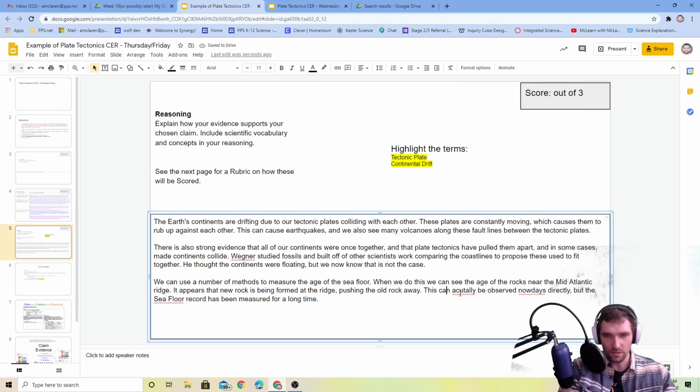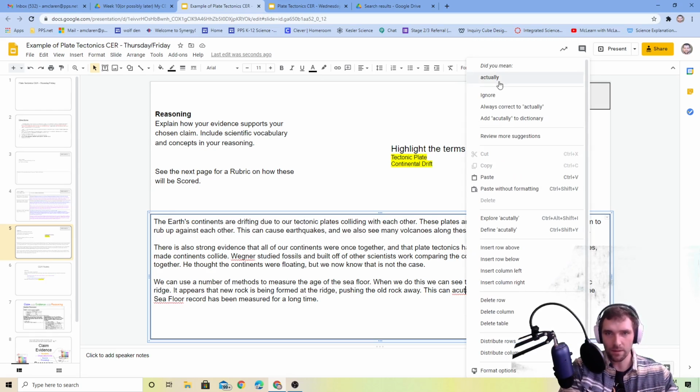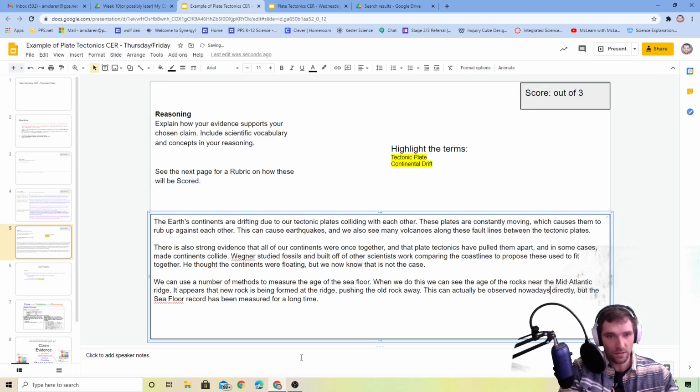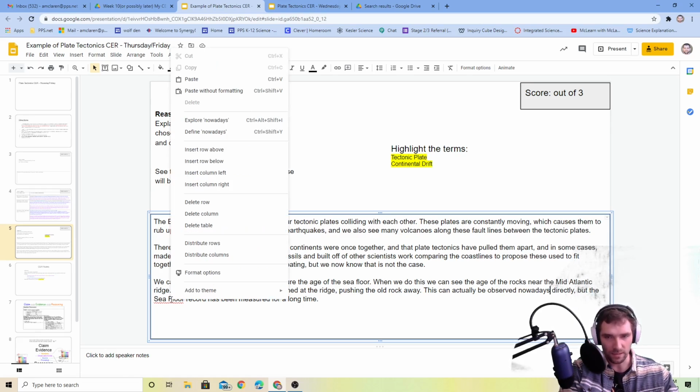So you're basically talking about all these pieces of evidence and why they're supporting this idea that these things are moving. Here you can see I'm talking about how this stuff is showing that this old rock is getting pushed away and it's moving.